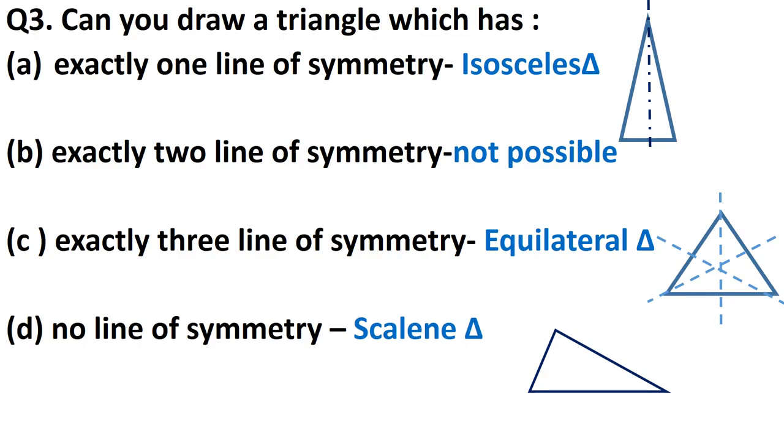In this way, you can find the number of lines of symmetry in digits from 0 to 9 also. You can see their lines of symmetry by paper folding, and their mirror reflection also.